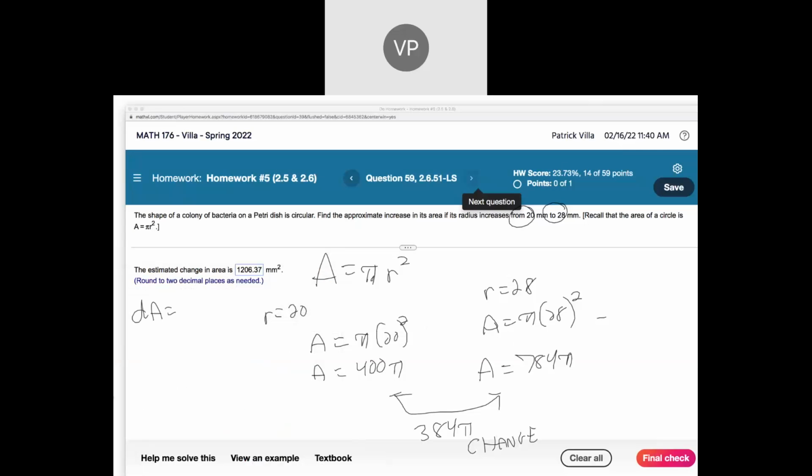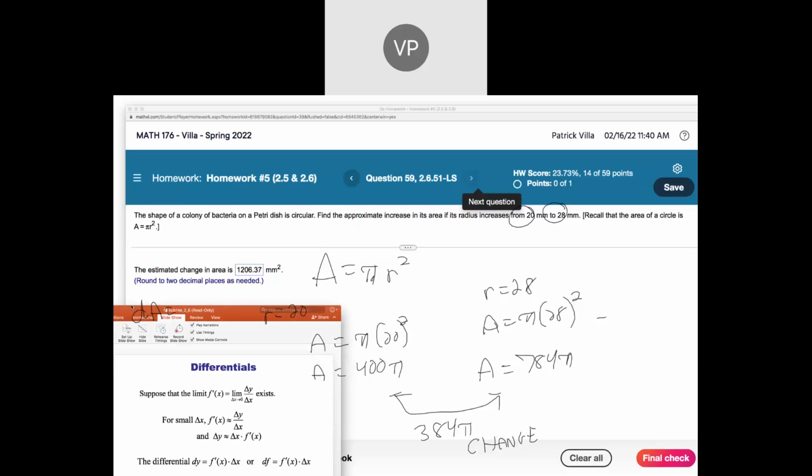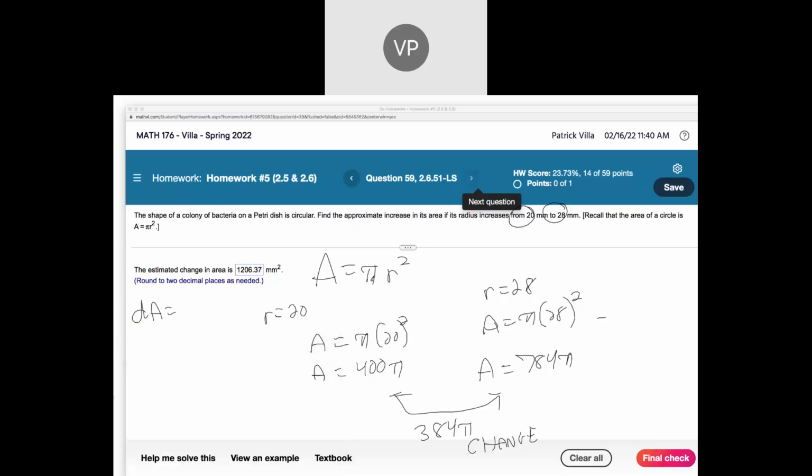So remember that formula we used a few times here? Let me show it to you. That one right there: dy equals the derivative times the delta x. It's the same thing here. Instead of y, it's an a. So the d of a is going to be the derivative of whatever that function is, times delta r, or dr, because they're both the same thing.